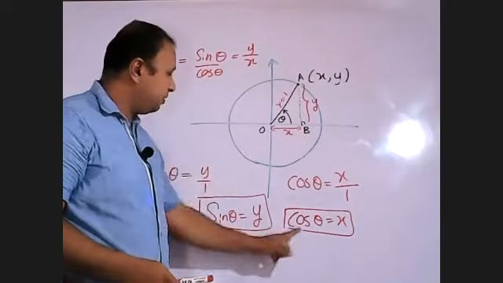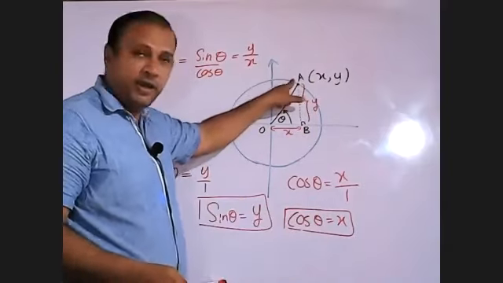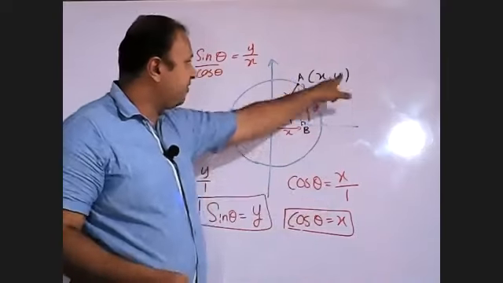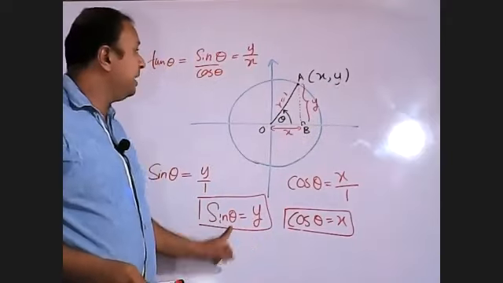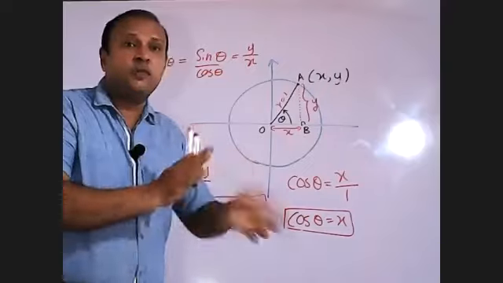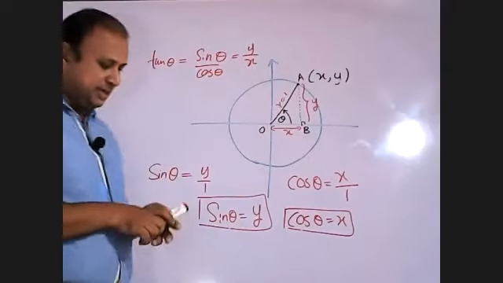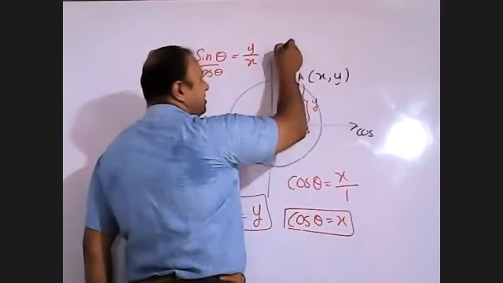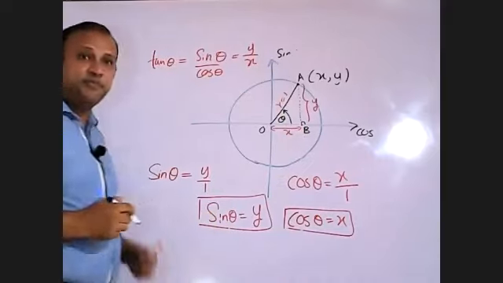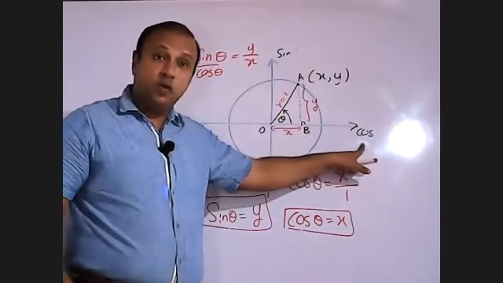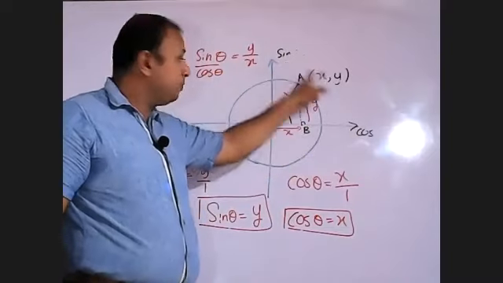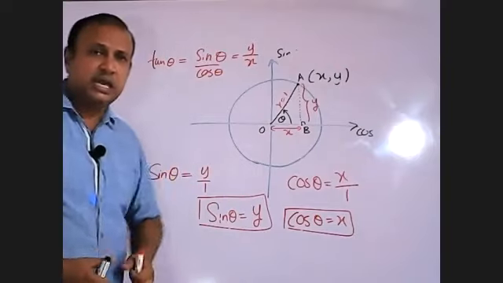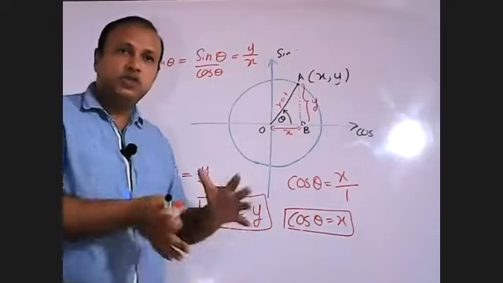X is equal to cos theta, y is equal to sin theta, and tan theta is equal to the ratio between y and x. Therefore, normally we call this axis the cos axis and this axis the sin axis, because x values are equal to cos values and y values are equal to sin values. So these are the basic definitions of sin, cos, tan used in a unit circle.